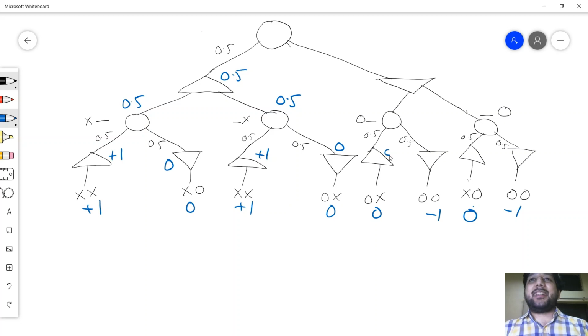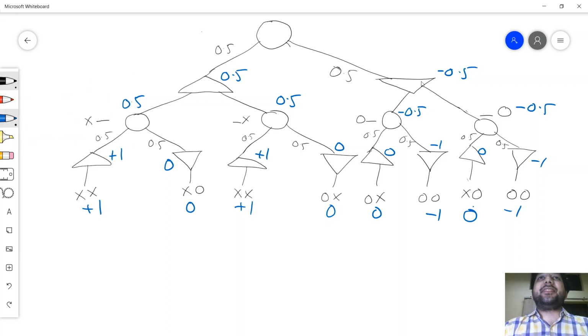I'm strictly going backtracking, so 0 and minus 1: 0.5 times 0, 0.5 times minus 1, that's minus 0.5. Minimum of minus 0.5, minus 0.5, minus 0.5. Then 0.5 times 0.5 plus 0.5 times minus 0.5, that's 0, and that looks like a better game, so everybody has equal chance of winning, nobody is getting favored unlike the last example.